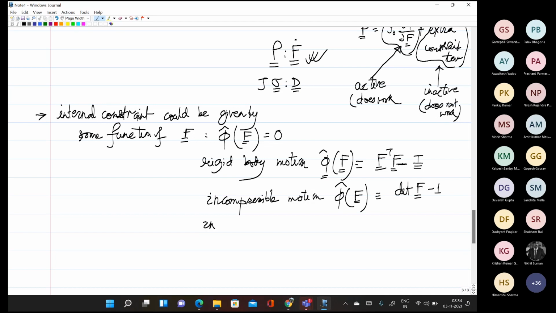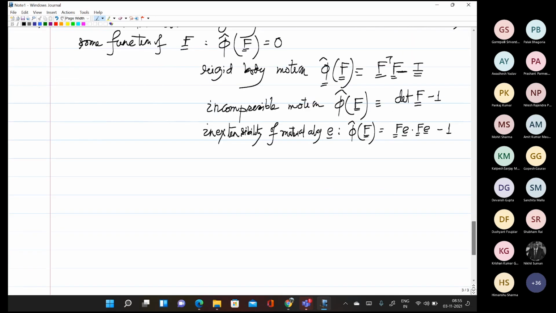Similarly, for inextensibility, let us say inextensibility of the material along some direction E. So in that case, the scalar phi of F would then be FE dot FE minus 1, isn't it?